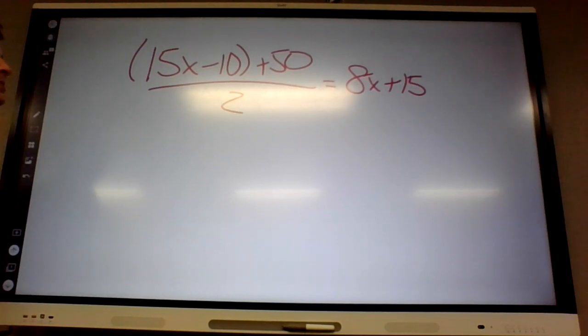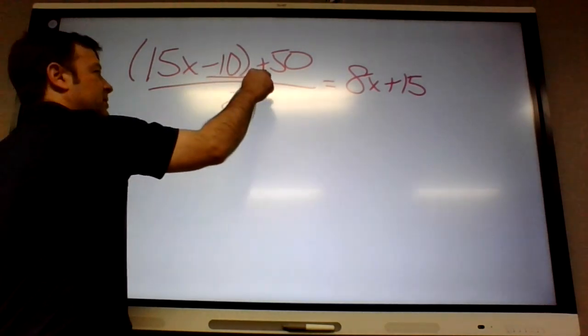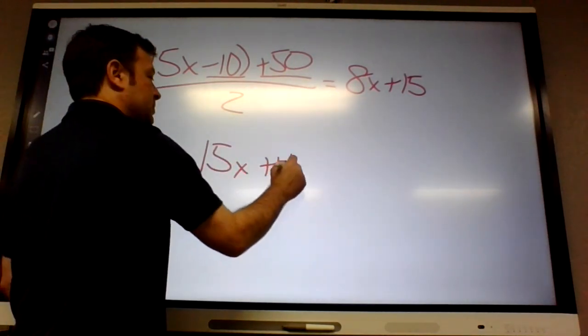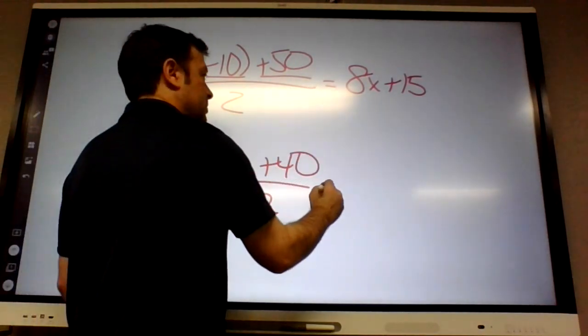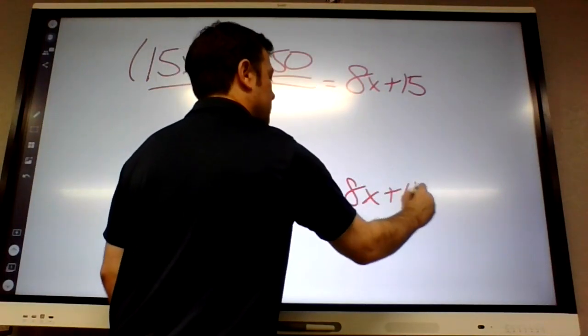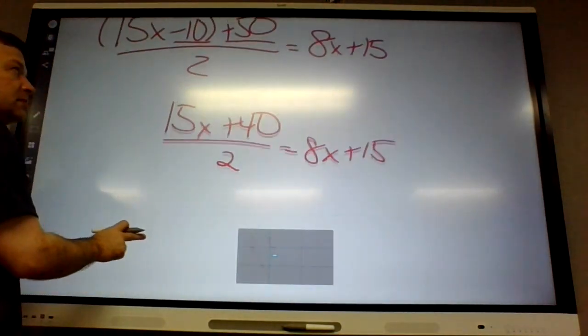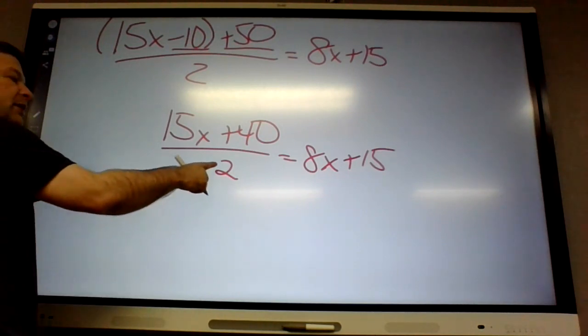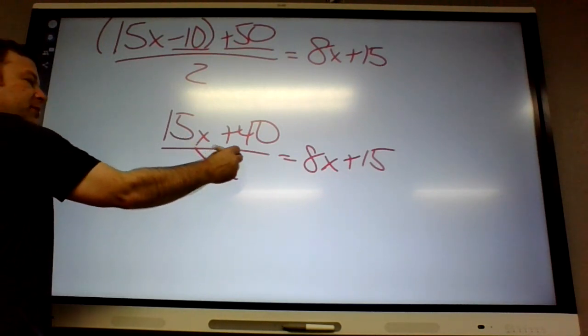Okay, what can we do algebraically here? You add the negative 10 to 50. Yeah, you can do that. Negative 10 plus 50 is just 40. Now what? Divide by 2. If you divide by 2, you'd have to divide both of these by 2.